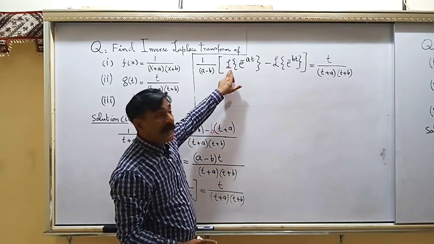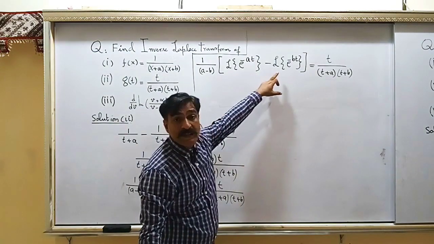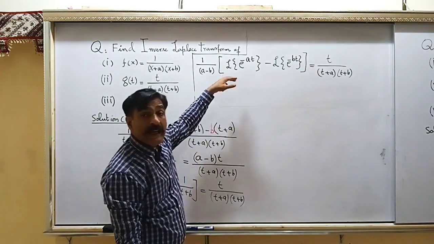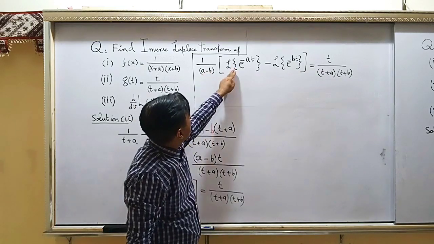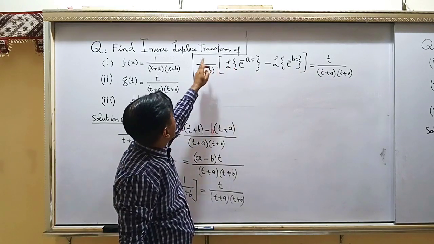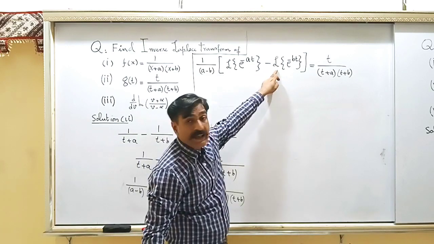Now, again, this L operator is a linear operator. And the linearity of the operator means what? This constant can be moved to the right and this operator can be written on the left. Same thing here.